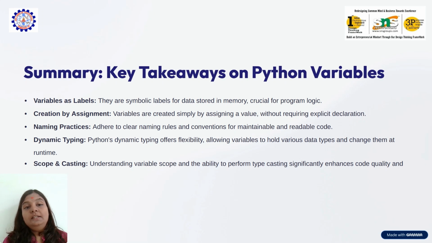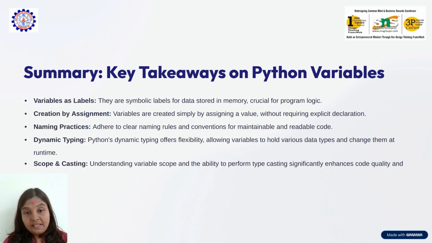Summary: variables are symbolic labels for data stored in memory, crucial for program logic. Creation by assignment: variables are created simply by assigning a value without requiring explicit declaration. Naming practices: we have to adhere to clear naming rules and conventions for maintainable and readable code.